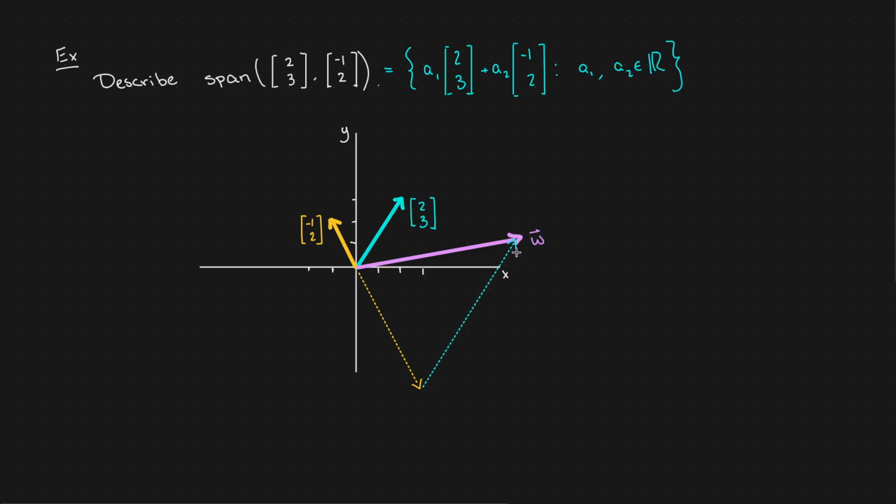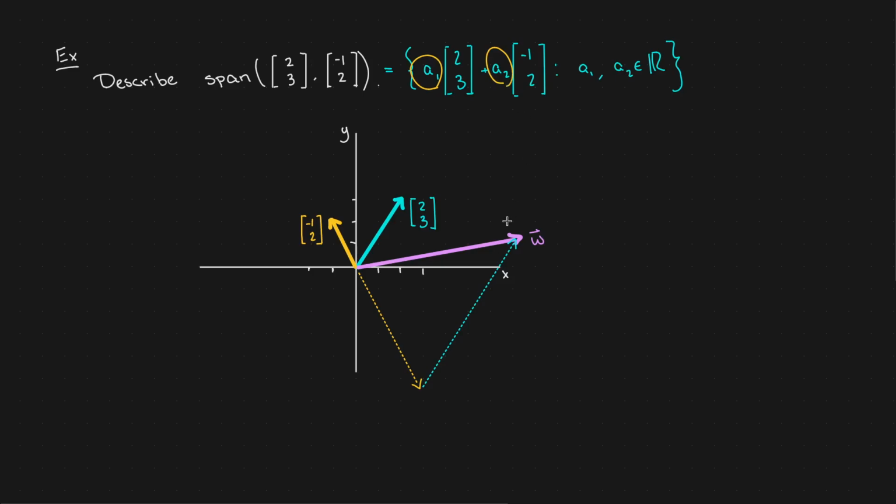Yeah, that's about right. And then we could go in the direction of 2, 3, and we just scale it. Now, I just picked W randomly. We can actually get anywhere in this plane by moving only these two directions and then changing how far we go in those directions and whether we go forwards or backwards. That's the scalar part.